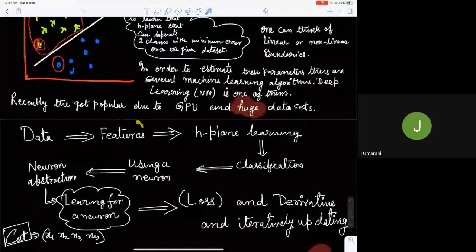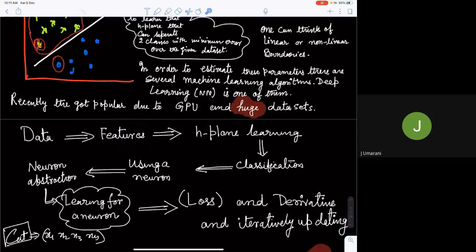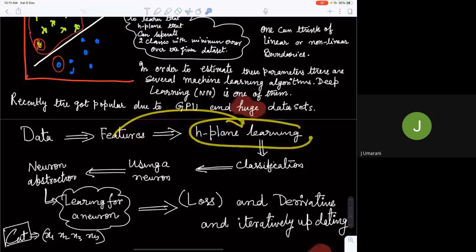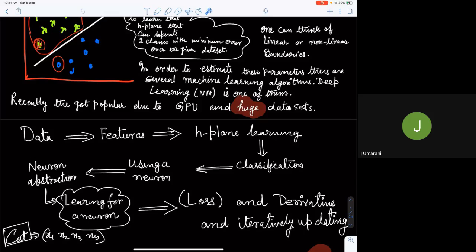Once you have these features, we require some classification algorithm which is going to give you this hyperplane. Once you have this hyperplane, you can do classification, which tells you that one side is one class and the other side is another class. You have two sides and basically two different classes.